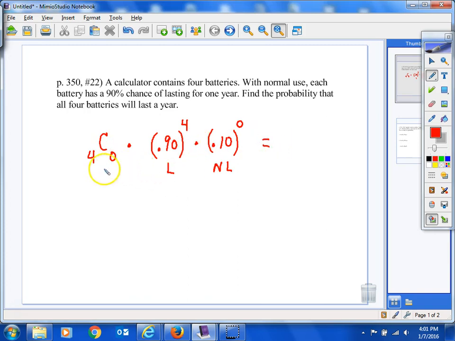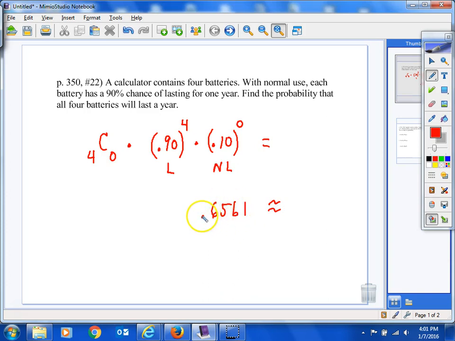All right, so 4C0, of course, is 1. 0.10 to the 0 power, also 1. So our answer really will just be determined by doing 0.9 raised to the 4th power. In decimal, that's 0.6561. But we need the percent form, and I'm just going to round to the nearest percent.